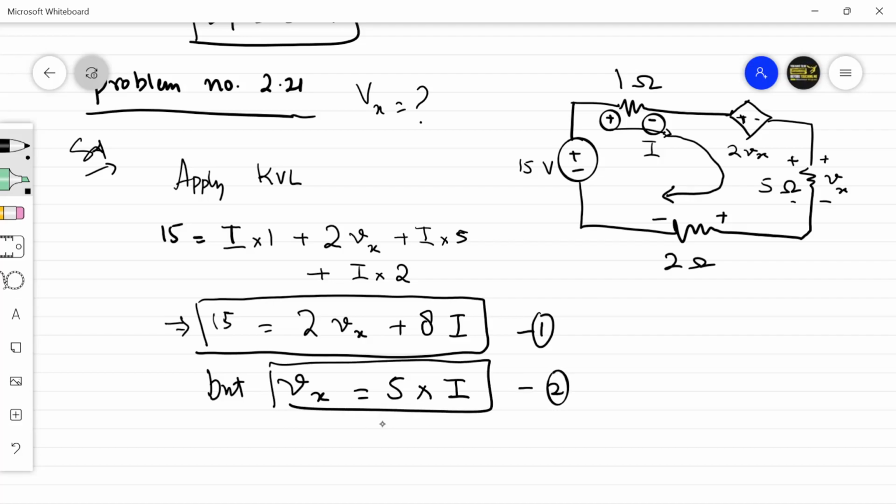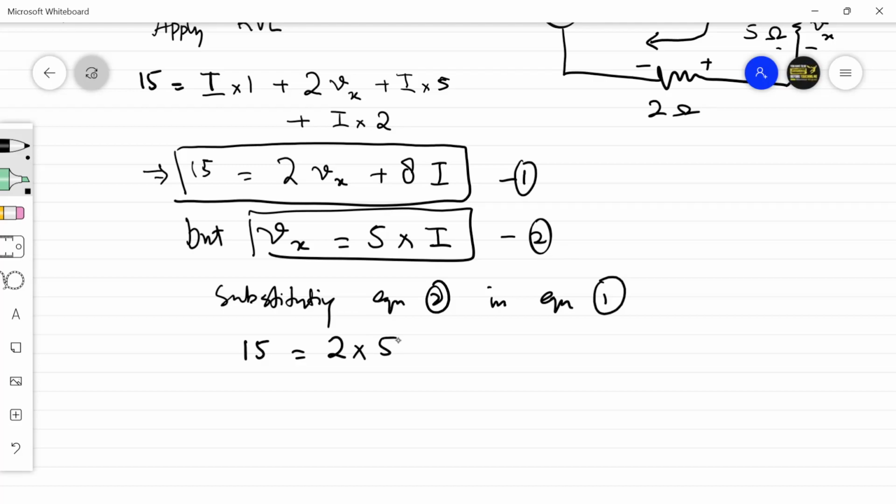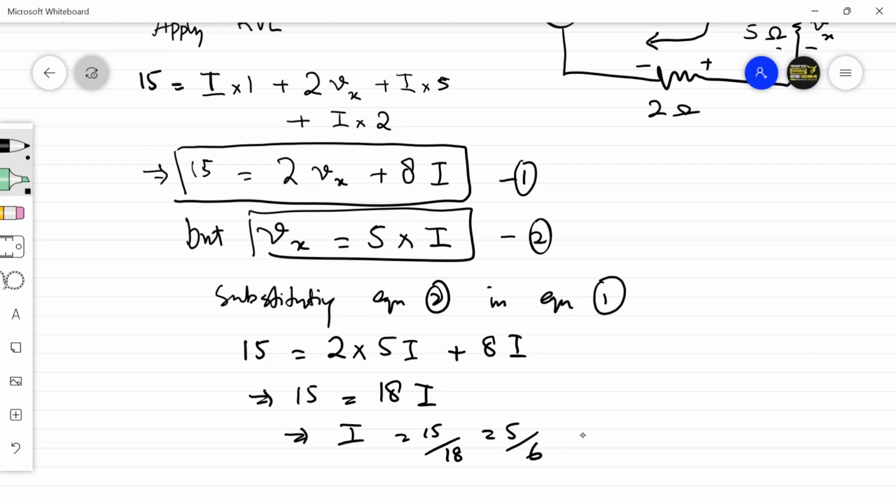Substituting this in equation number 1, we get 15 is equal to 2 into 5I plus 8I, which implies 15 is equal to 18I, which implies I is equal to 15 by 18, or you can say 5 by 6 amperes.